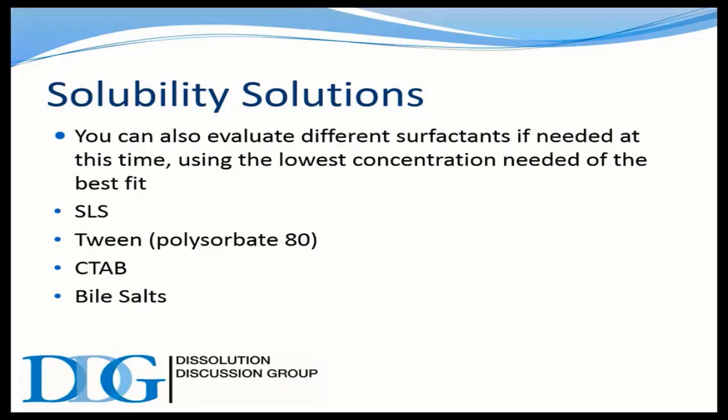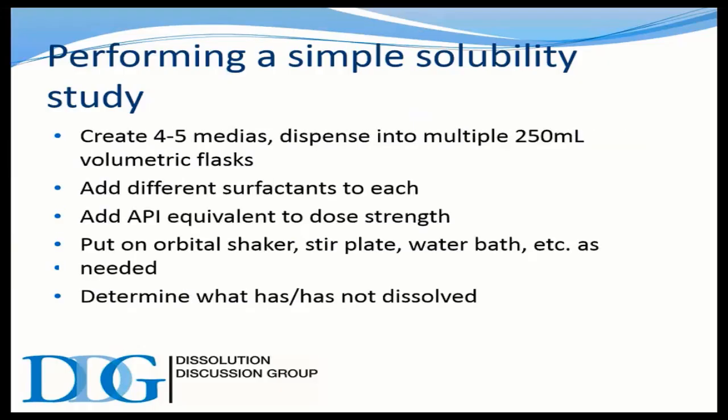You'll see constantly mentioned, probably the most common is sodium lauryl sulfate, SDS, or its identical name, sodium dodecyl sulfate, SDS. Tween, very often used, CTAB, and rarely bile salts. These are naturally occurring surfactants. And by the way, there are naturally occurring surfactants in the GI tract in the form of bile salts. So it's probably more of a biorelevant approach, but definitely not a preferable one.